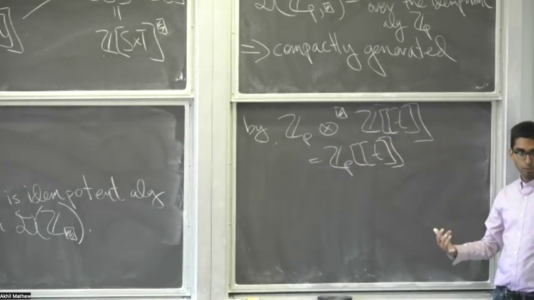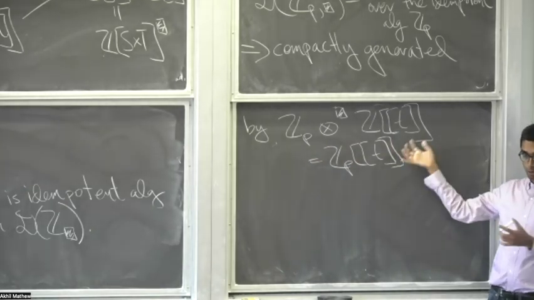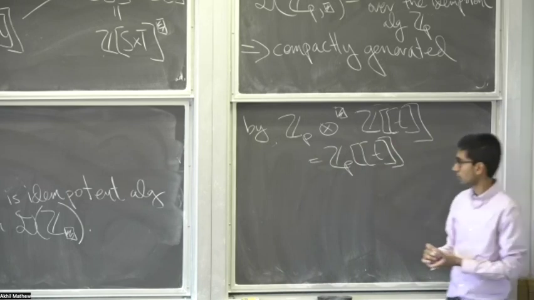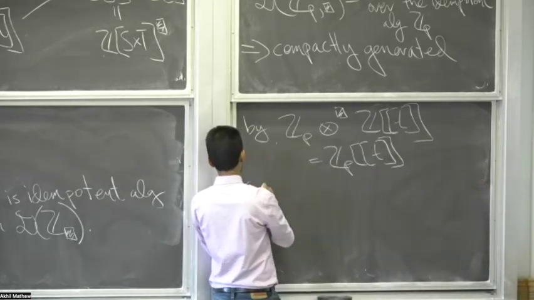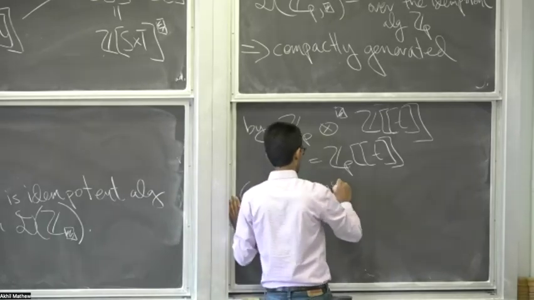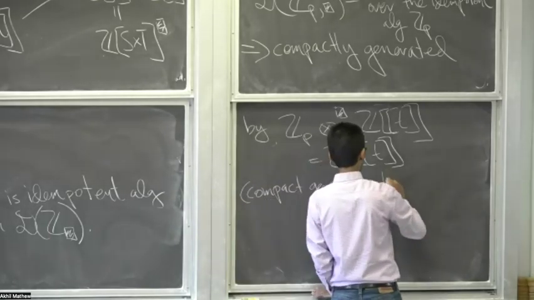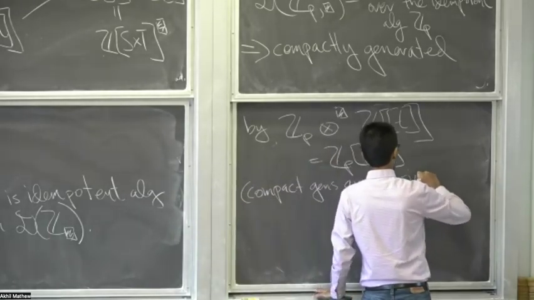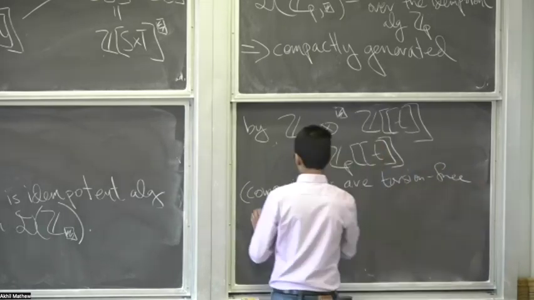So the compact generators are, let's say, for free pro P of Euler curves.